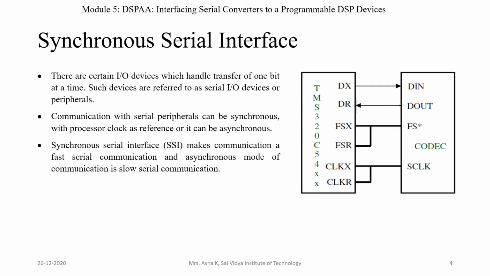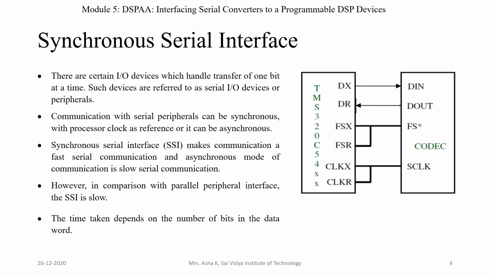Synchronous serial interface makes communication a fast serial communication, and the asynchronous mode of communication is a slow serial communication. However, in comparison with parallel peripheral interface, synchronous serial interface is slow. The time taken depends on the number of bits in the data word.